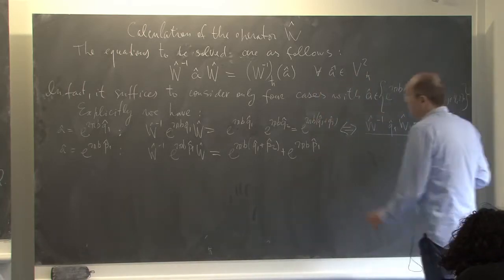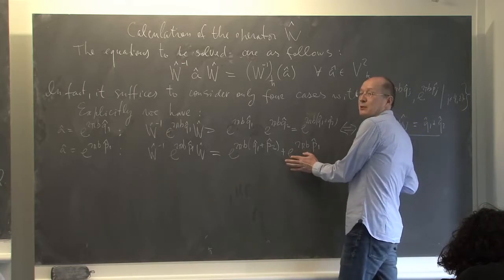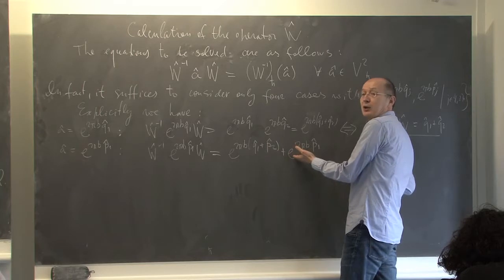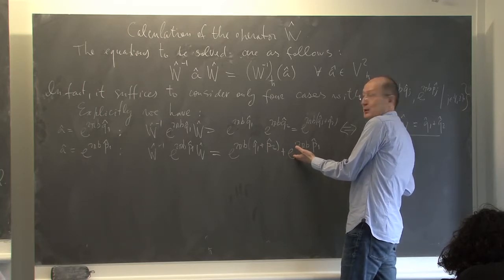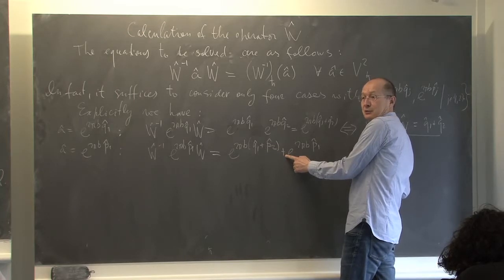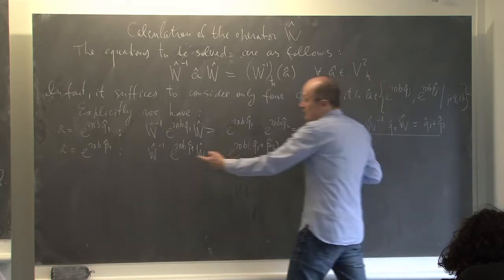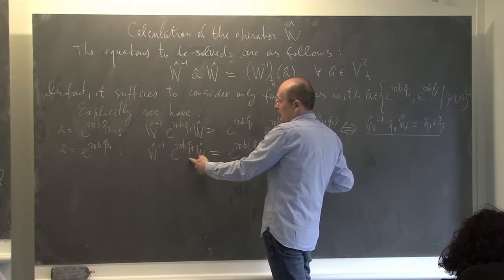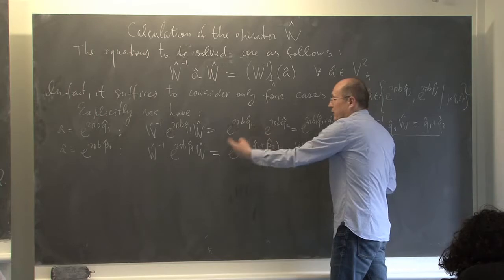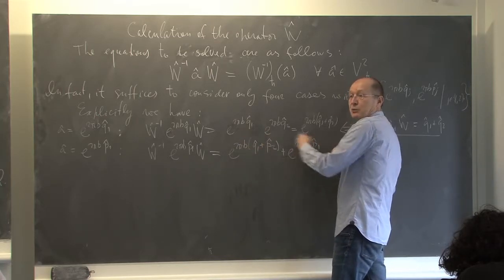And here is the difference with what we had last time. We cannot take logarithm anymore here, because the exponentiation mixes up with addition. It's easy to take the logarithm on the right-hand side, but of course we can take the logarithm of that still positive operator.